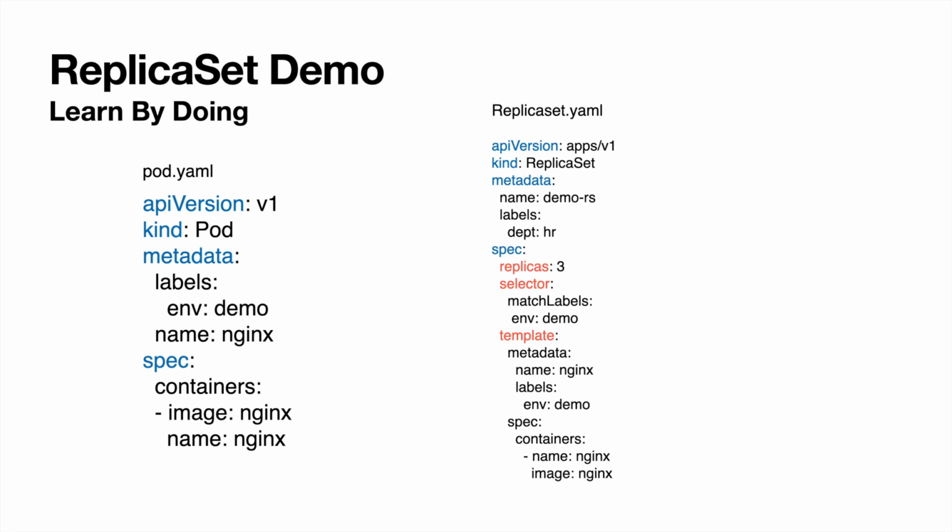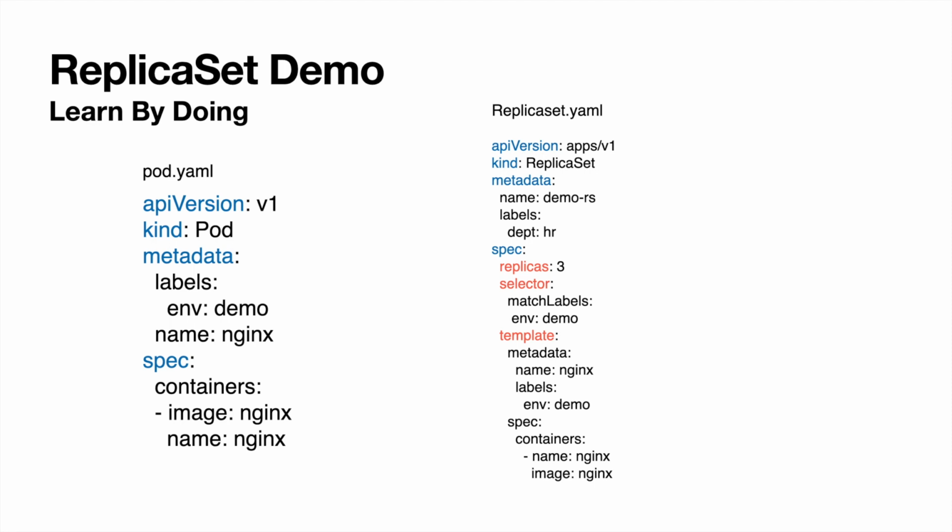API version is apps/v1, kind is ReplicaSet. In metadata, name is the name given to your replica set, and labels is the label given to your replica set. This is not talking about selection criteria. In specification you are giving replicas, which is 3 in this case. So that tells us it will be provisioning 3 pods as part of the replica set.